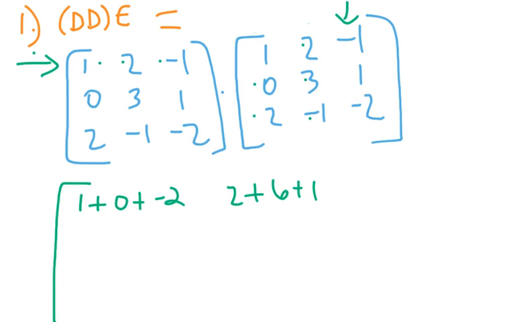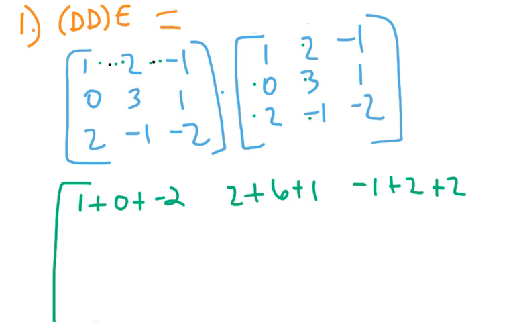Let's do the same process. So I have 1, still using my first row, 1 times a negative 1 is a negative 1, 2 times 1 is 2, and negative 1 times a negative 2 is also plus 2. Okay, so we used our first row here and we're done multiplying and adding our corresponding parts.